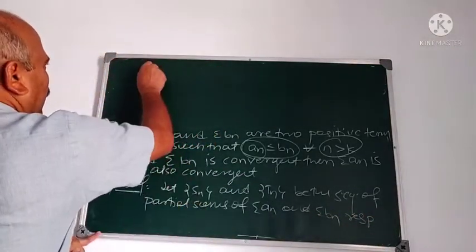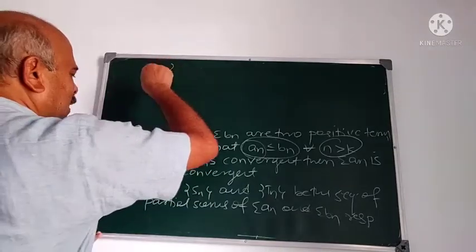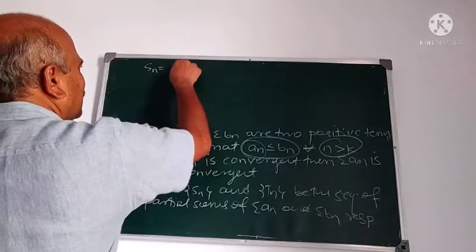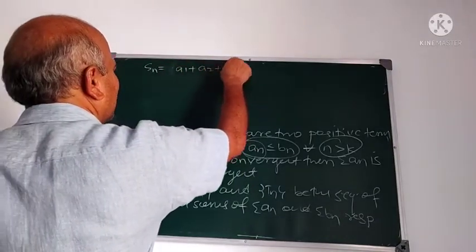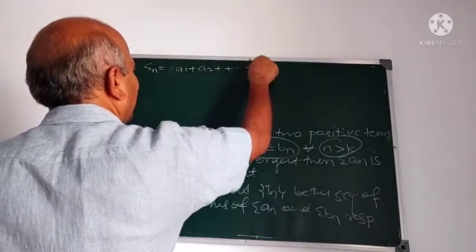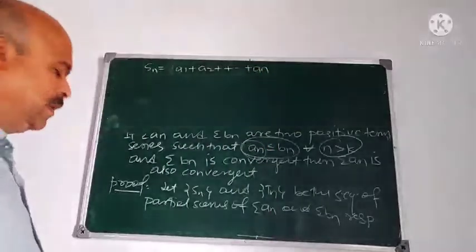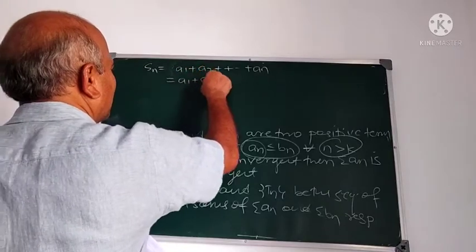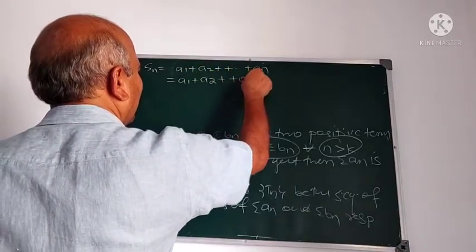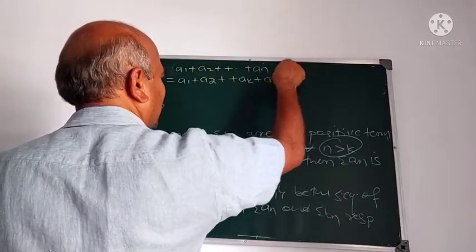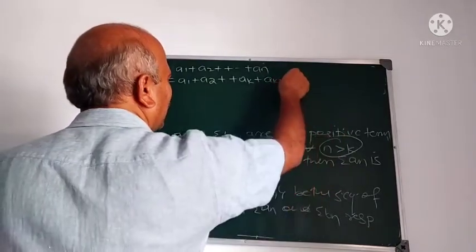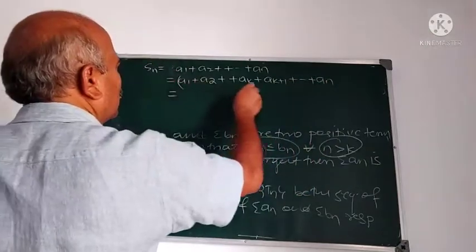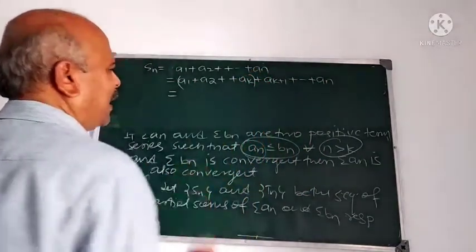Then Sn is the sequence of partial sums of sigma an. It is Sn equal to a1 plus a2 plus etc. plus an, correct? Now it is a1 plus a2 plus etc. plus ak plus ak plus 1, because k is less than n, and so on up to an.